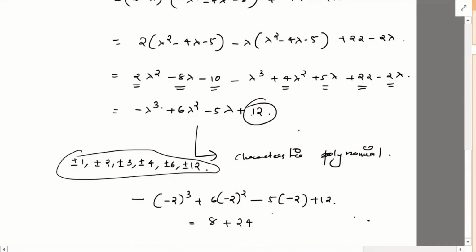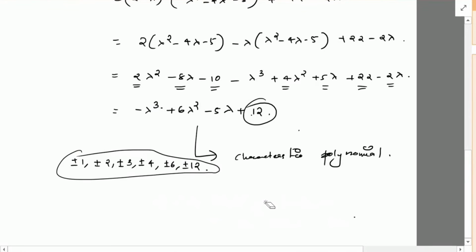Minus 5 into minus 2, that is plus 10, plus 12. That is also not equal to 0. So minus 2 is also not a root of the characteristic polynomial. So we will move on to 3.